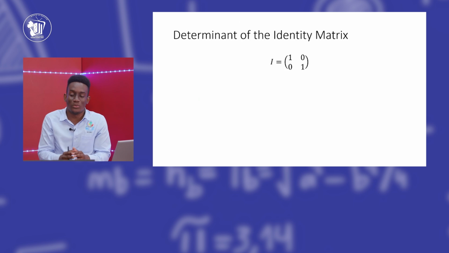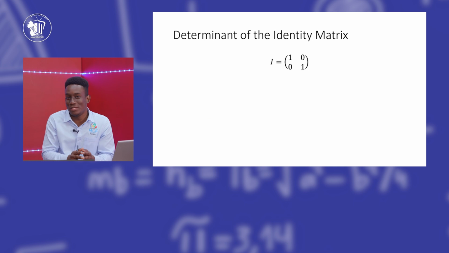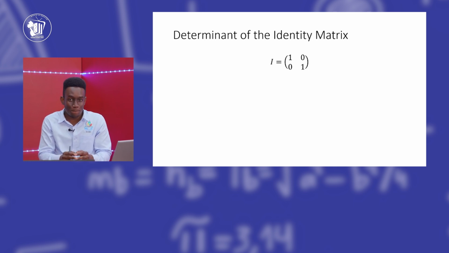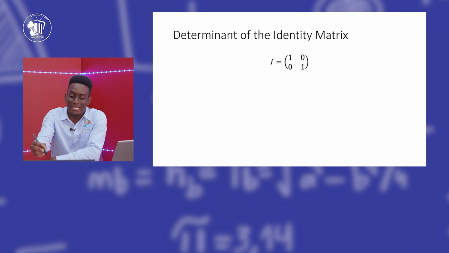So now let's move on to the identity matrix. The identity matrix is the matrix which, when you multiply it by another matrix, you get back the same matrix. This is the identity matrix, which is 1, 0, 0, 1.